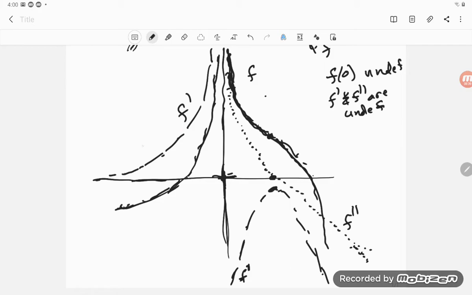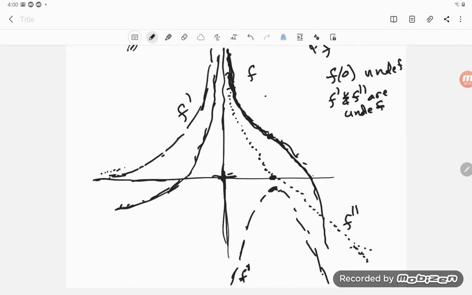And on this side, this is concave up everywhere. And again, f double prime actually will look a lot like f prime, in that, if I look at f prime, it starts out with small positive values, small positive slopes.